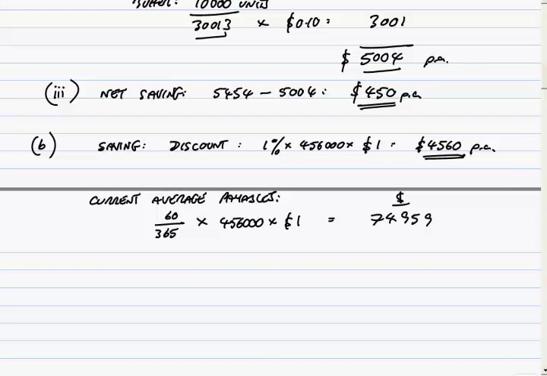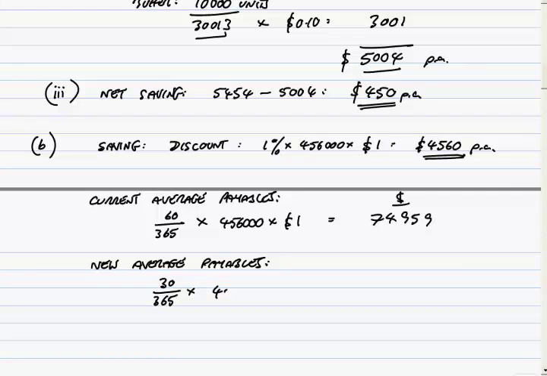If we do take the discount, then the payables will fall, the new average payables, the discount we'll be taking 30 days credit, so on average it'll be 30/365 of our purchases.